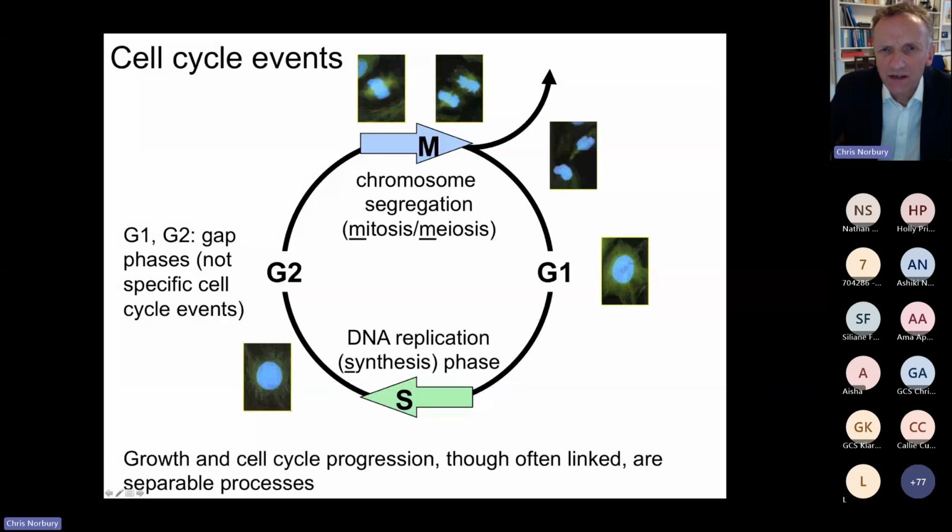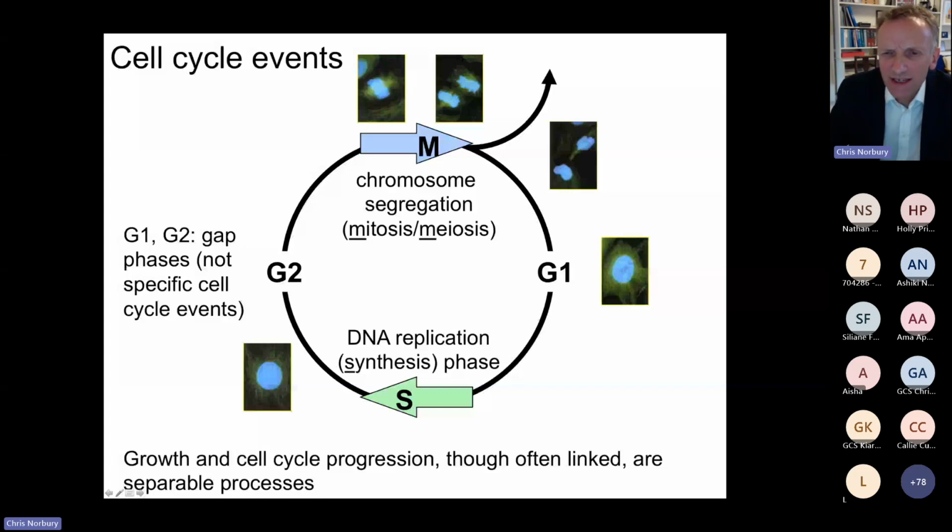If we just start at the top, we have the process of M phase, which in body cells is mitosis, which gives rise to two daughter nuclei, which are separated into two daughter cells. Then we have the rest of the cell cycle, which consists of the synthesis phase, the S phase down at the bottom, where the DNA in each chromosome is copied to generate a new chromosome.